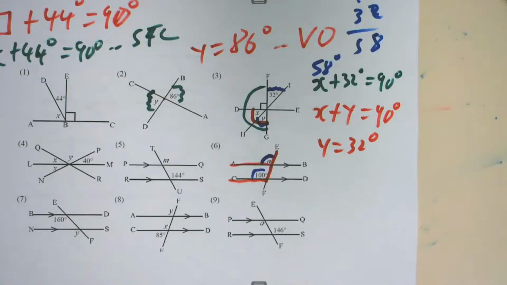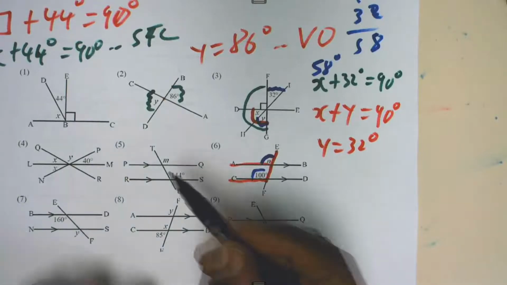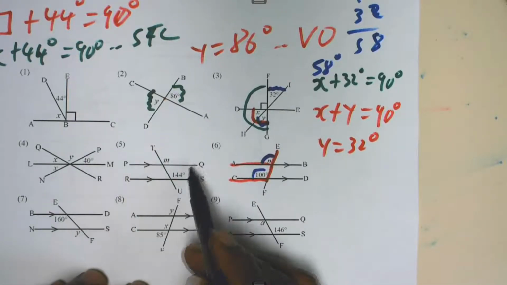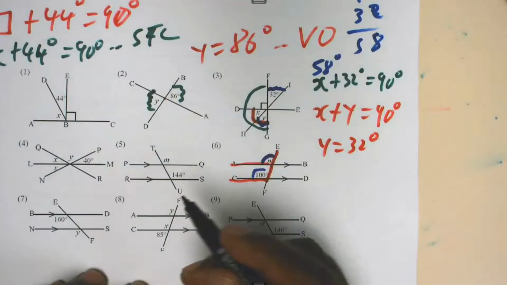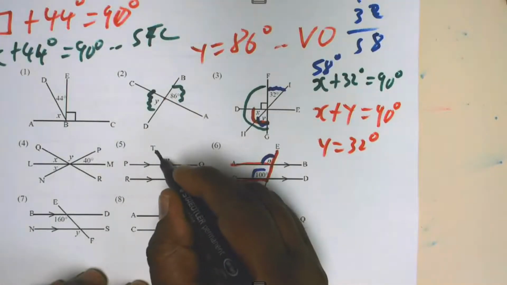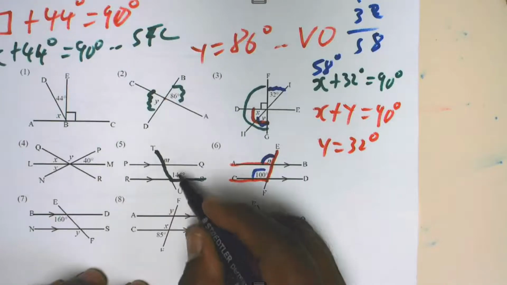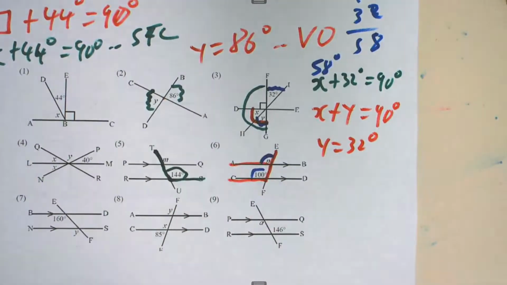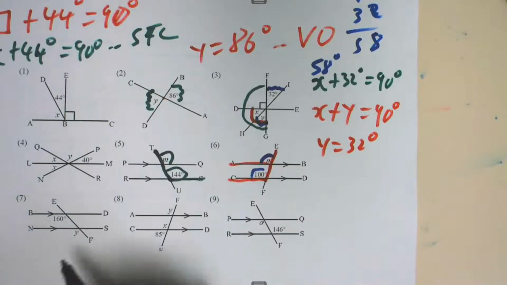Again, look for that pattern. Where is m placed? M is above the parallel line on the right side of a transversal. Is there anything like that? Yes, 144 is above the parallel line on the right-hand side of a transversal. Corresponding. Look for that pattern. Again here, what is y?